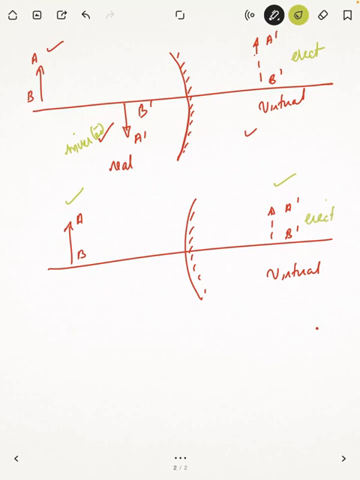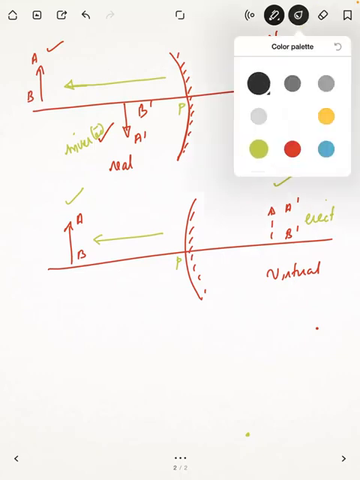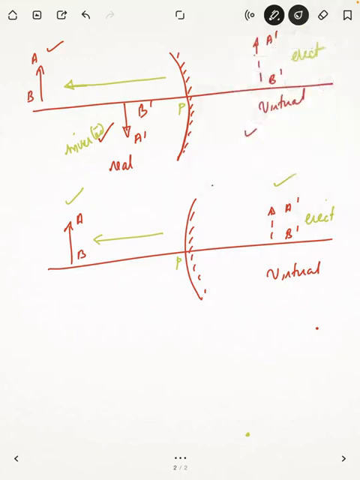So here are two important points for sign convention. So this is the P. If you measure object distance, it is towards the left side, that will always be negative. Here also from the pole, object distance is always negative. And if it is a real image, it will be in front of the mirror, so the distance to the real image is negative.